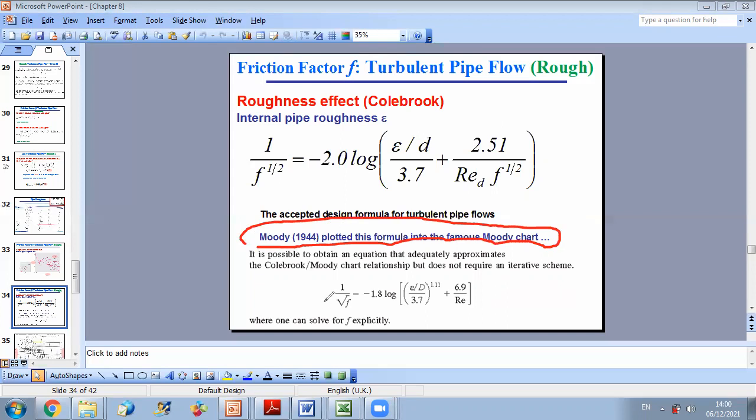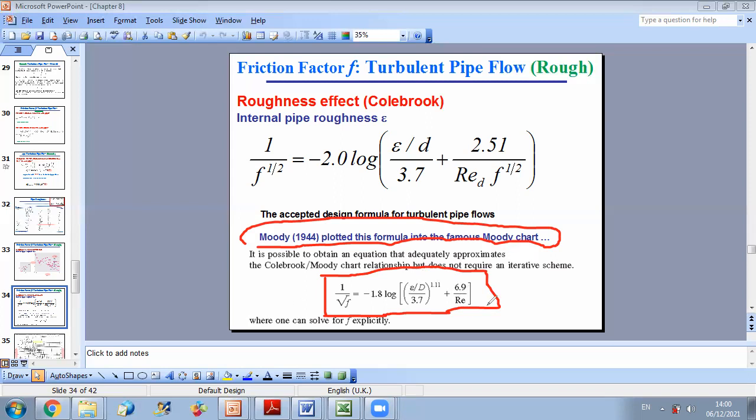The Moody diagram is based on the following empirical relation. You can always work with either the Moody diagram or the empirical relation, but why do we prefer Moody? Because this empirical relation is not straightforward. If I want to calculate analytically, it is complex.